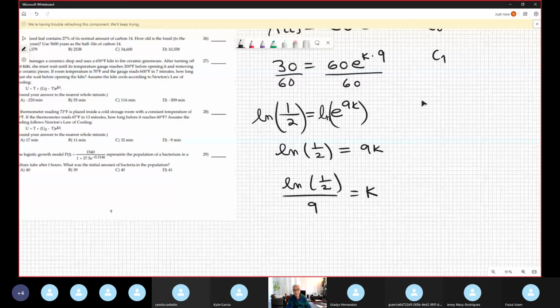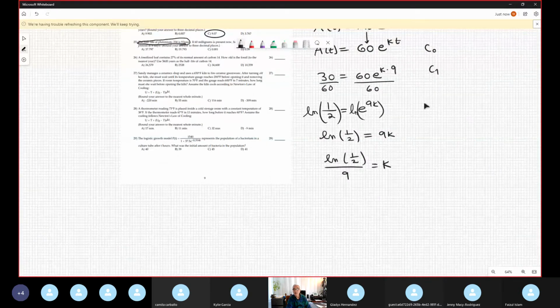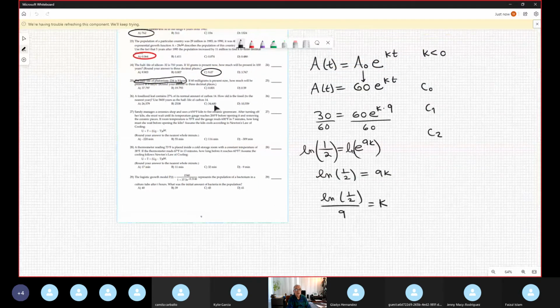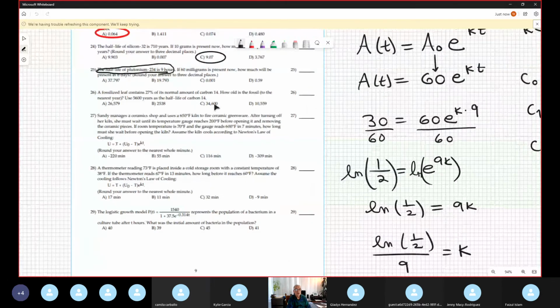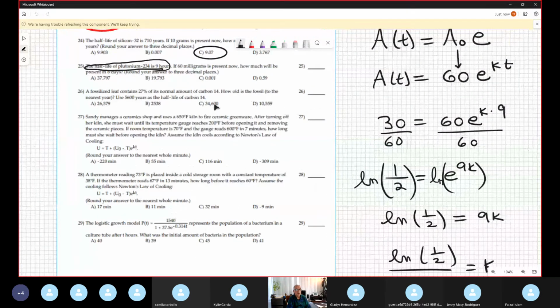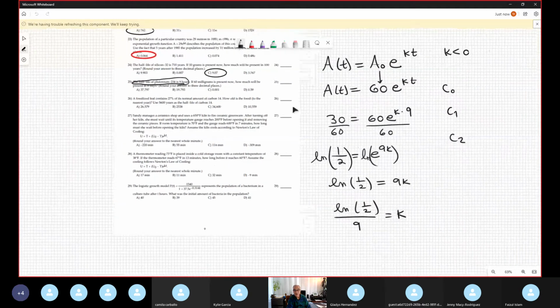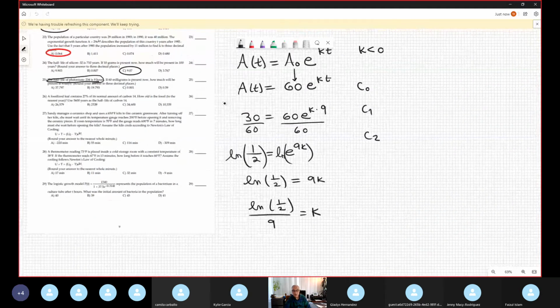In the third part, the problem is condition 2. I need to investigate how much will be present in 6 days. Wow, the time is given in condition 2: 6 days.